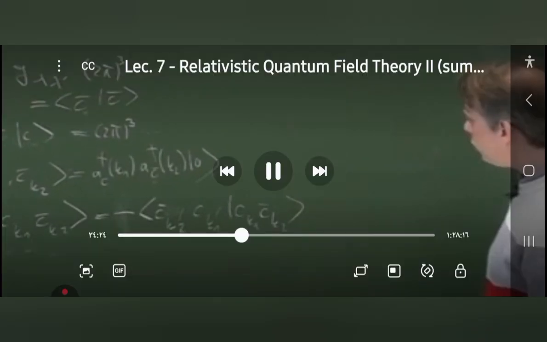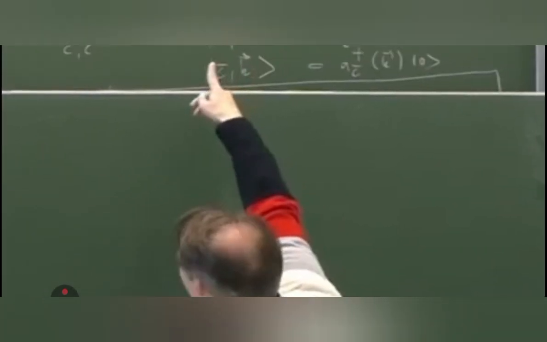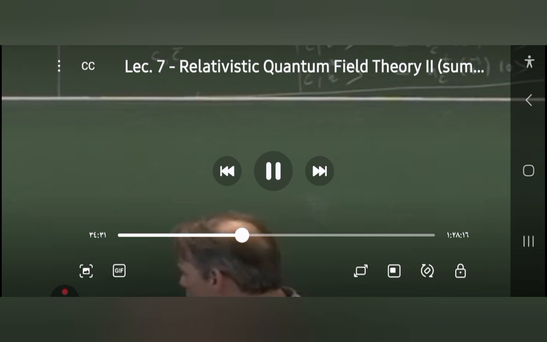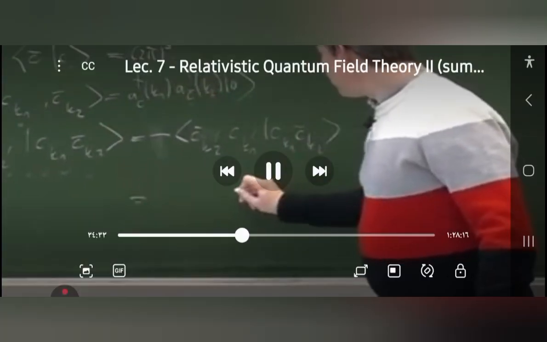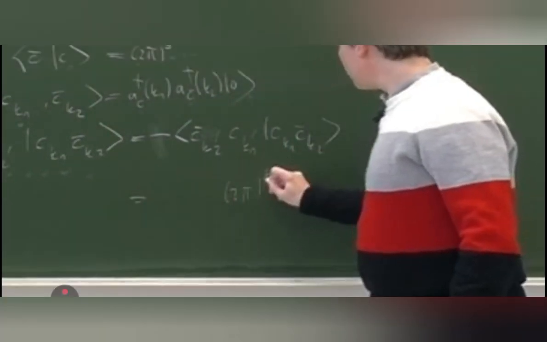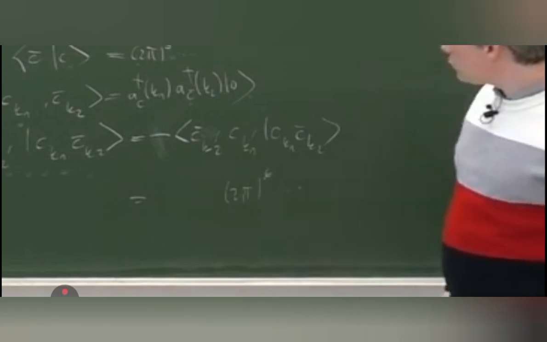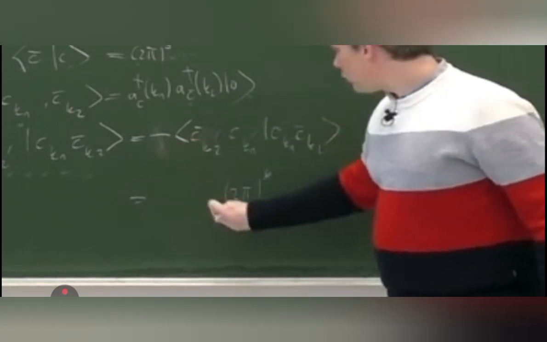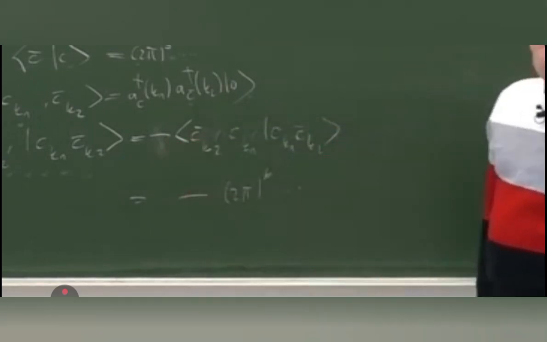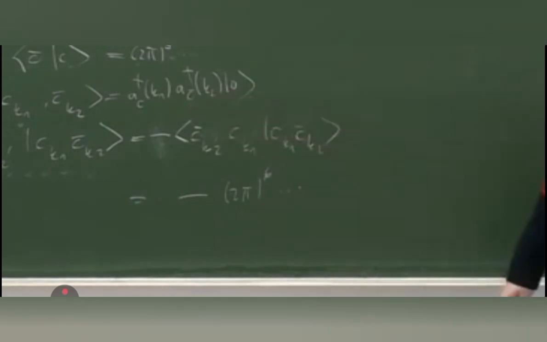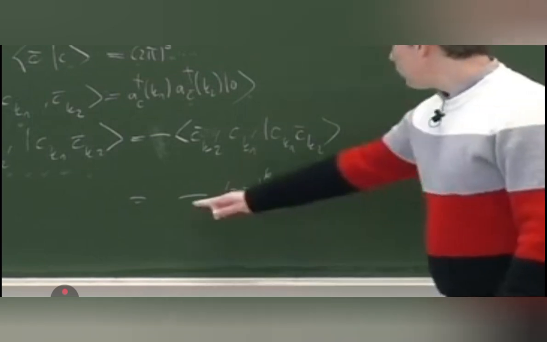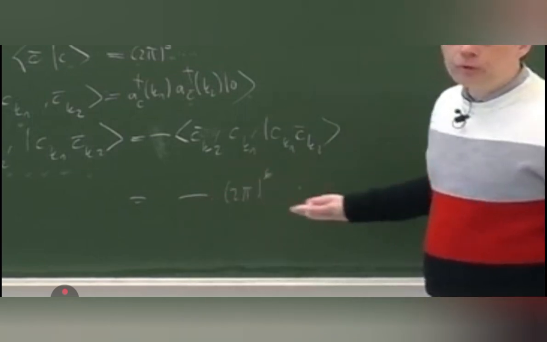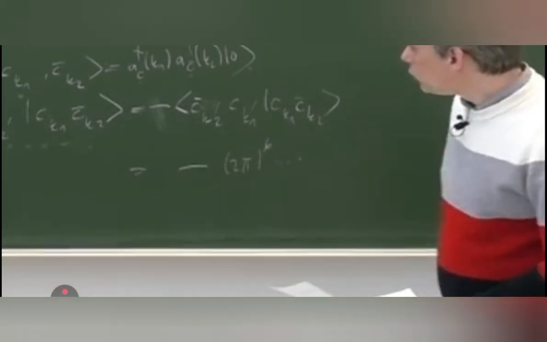Each anti-commutational relation gives me a positive 2 pi cube factor. So I get overall from the anti-commutational relations 2 pi to the 6th power times the usual other prefactors, but the minus sign remains. And that means that this 2-particle state here is a negative norm state. It's a proper negative norm state. So here we have a minus times something which is positive definitely. So this is a negative norm state.